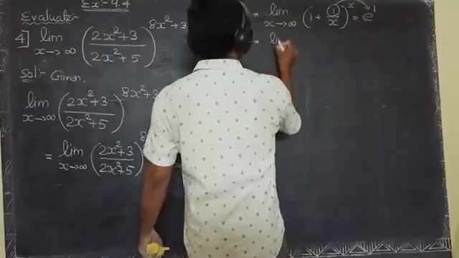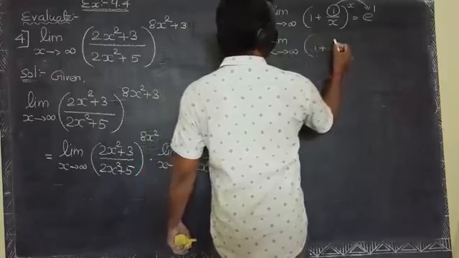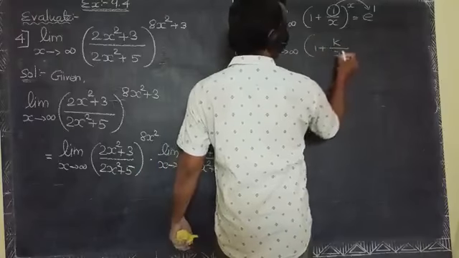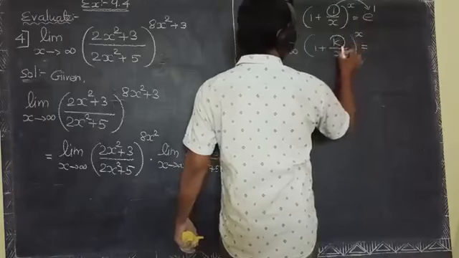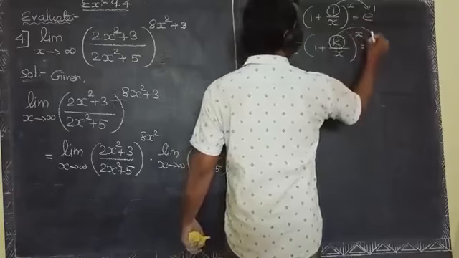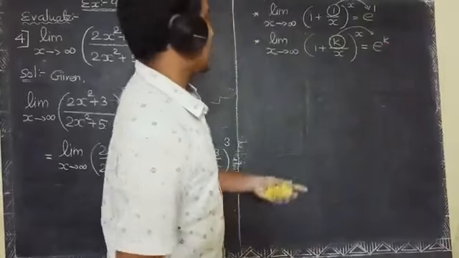Suppose limit x approaches infinity, (1 plus k, some constant k, divided by x) whole power x, is equal to e power k.